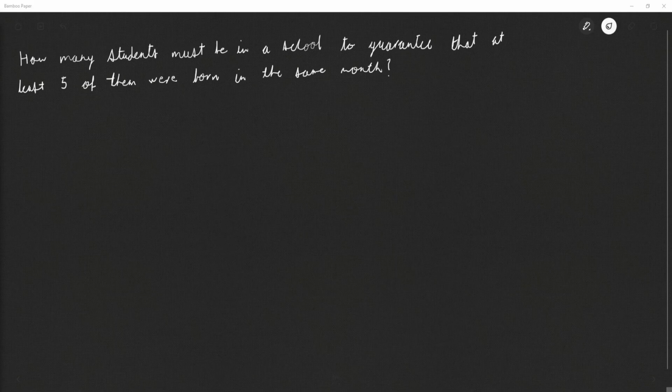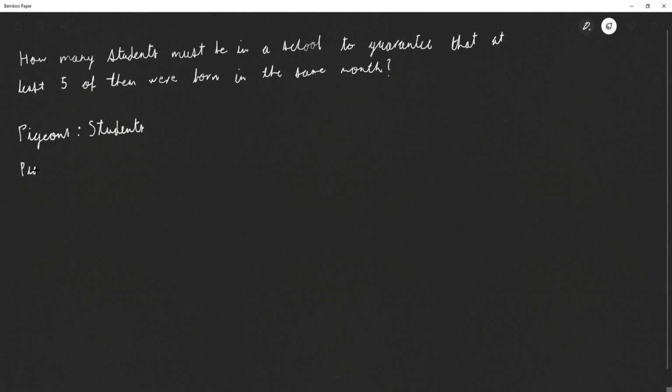So now we have our second problem, which is how many students must be in a school to guarantee that at least 5 of them were born in the same month. We're going to set up what our pigeonholes are and what our pigeons are. So the pigeons are going to be the students, since that's who we're trying to put into groups.